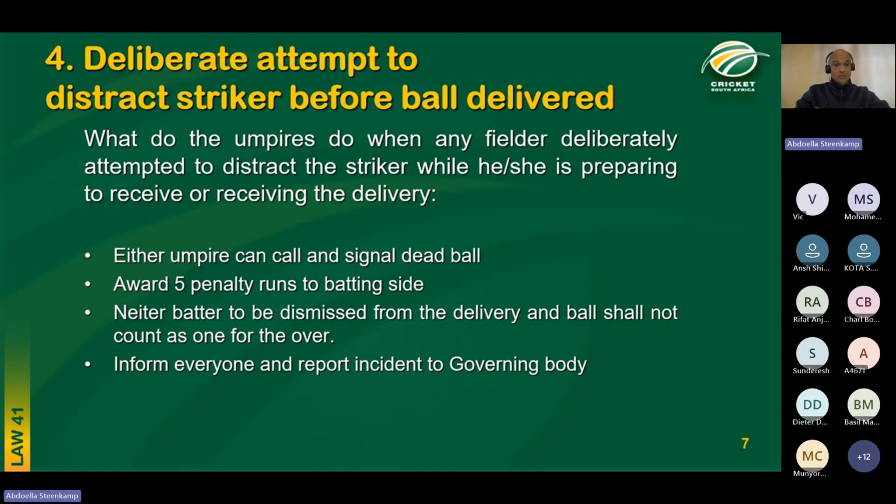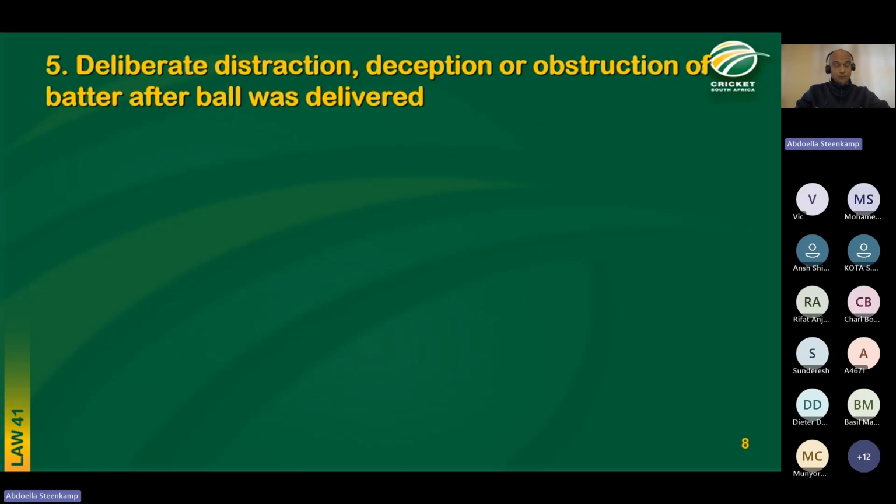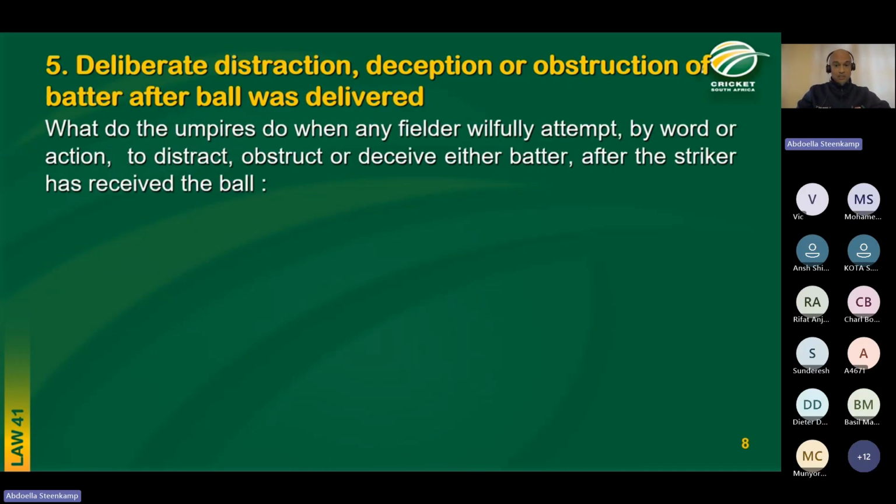Third subsection under law 41 is, so what happens if there was a deliberate distraction, deception, or obstruction of either of the batters after the ball was delivered? So slight difference to point four. Point four was the batter is preparing to receive the ball, so the ball wasn't delivered yet. 41.5 is where the distraction, deception, or obstruction happened after the ball was delivered.